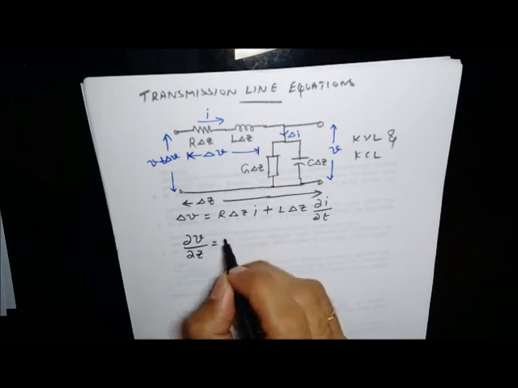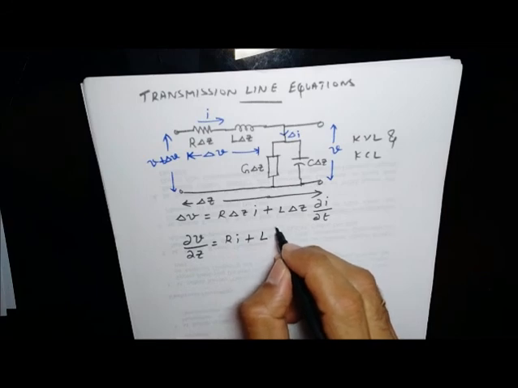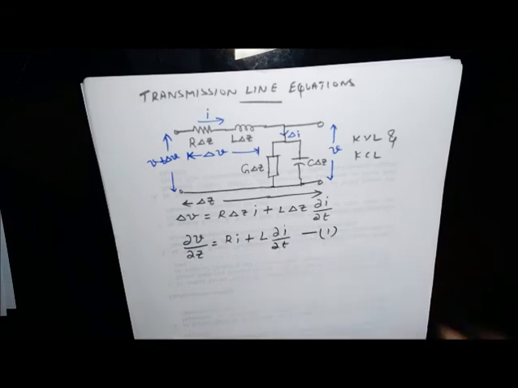Dou V by dou z is R I plus L dou I by dou t. Let's say equation 1.